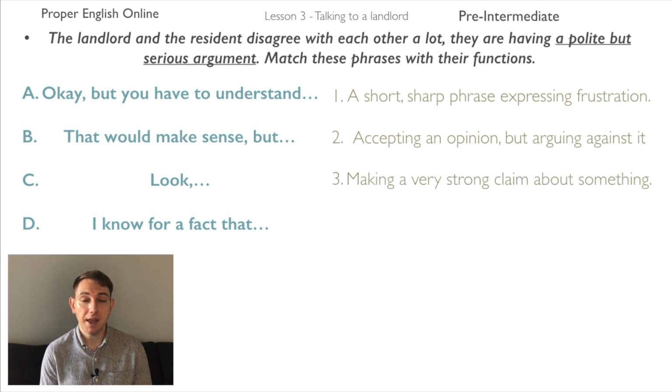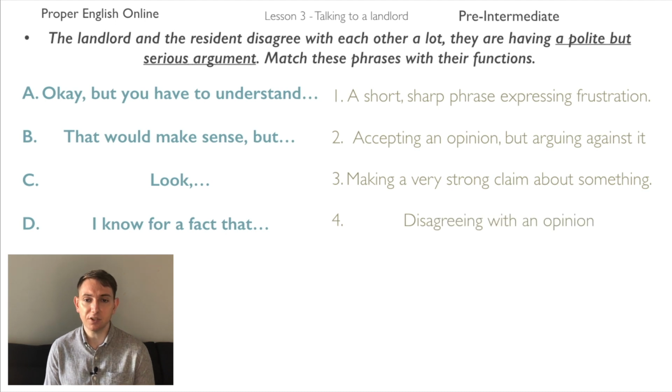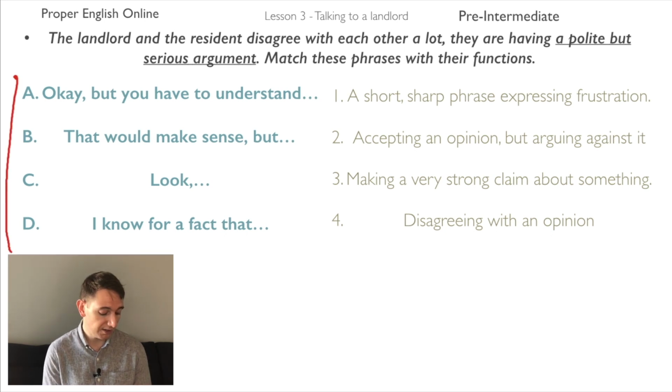Another one here, making a very strong claim about something. A strong claim means my opinion, my thought, or my belief. Very strong one. And one more here, disagreeing with an opinion. So pause this video and match these 4 hints here with these expressions on this side we heard in the conversation.